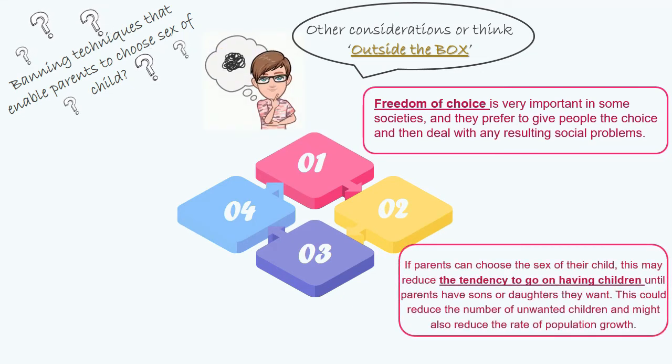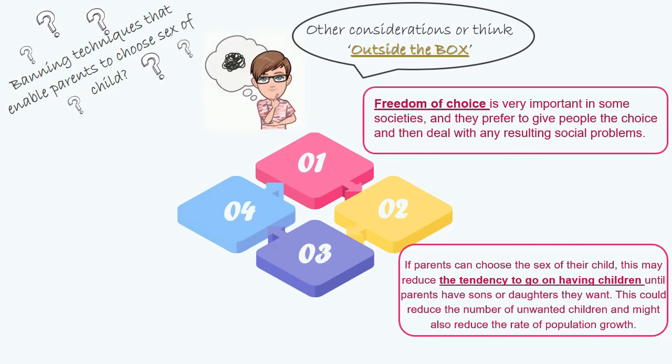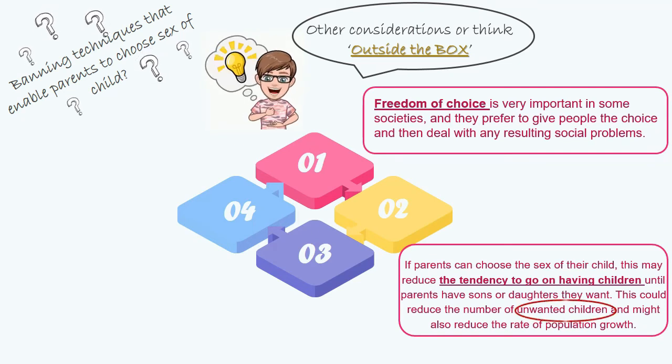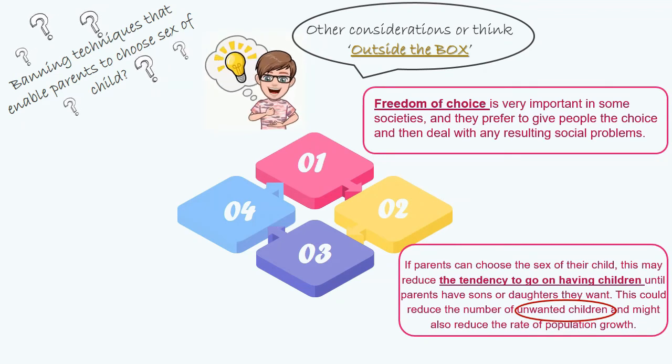Second, if parents can choose the sex of their child, this may reduce the tendency to go on having children until parents have the sons or daughters they want. This could reduce the number of unwanted children and might also reduce the rate of population growth.